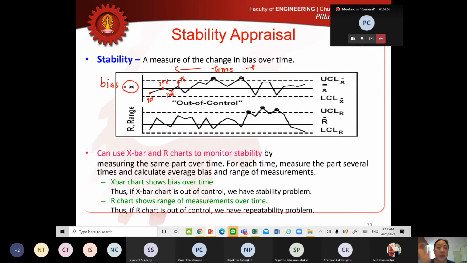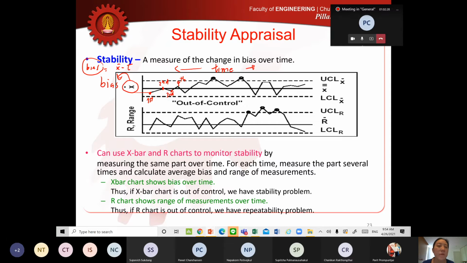In each week, you will do bias appraisal and then you will get the average of the master values, which is X bar. If you turn it to bias, it's very easy, right? If you take an average and then subtract the true value, you will get bias. And then you can plot the bias on the X bar chart, and you can see the variation or the change in the bias over time.